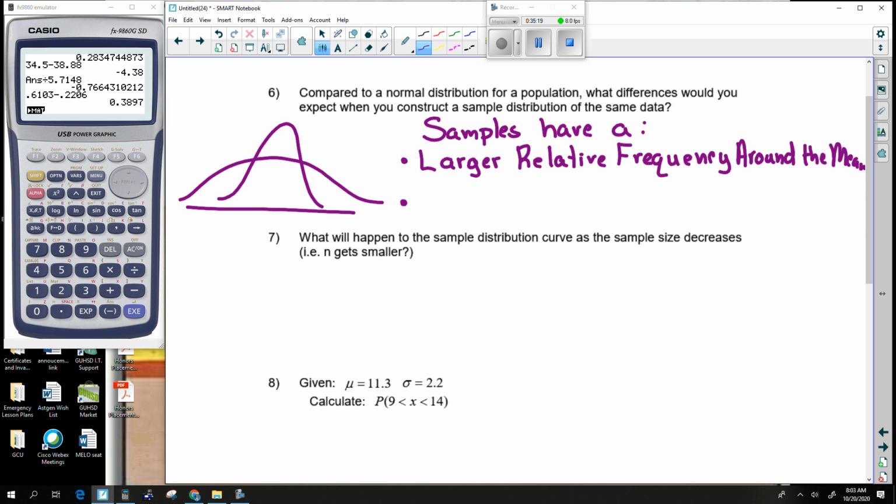And I'm going to say it's more narrow, so it has a smaller standard deviation, I'm sorry.